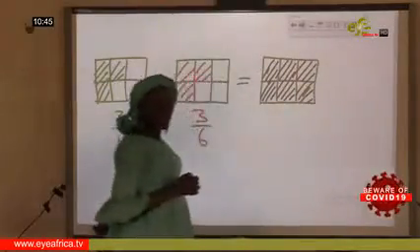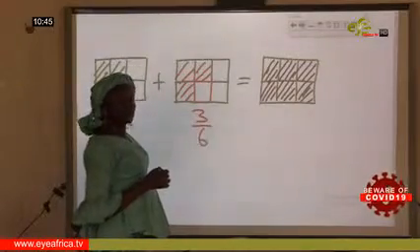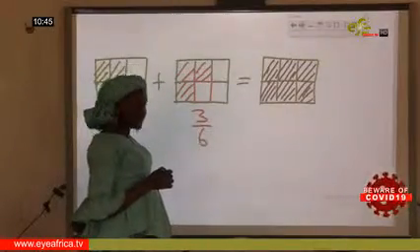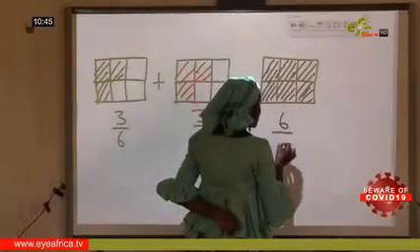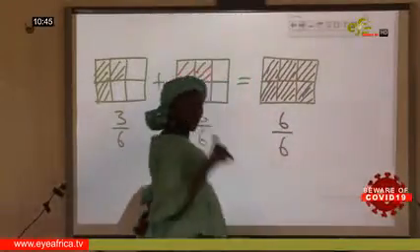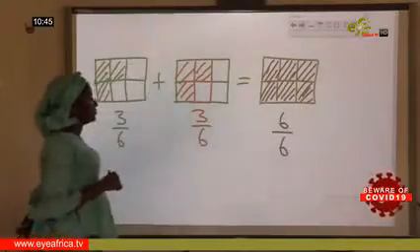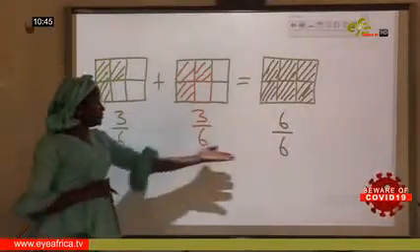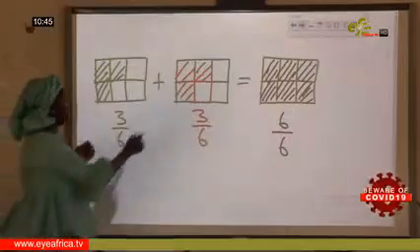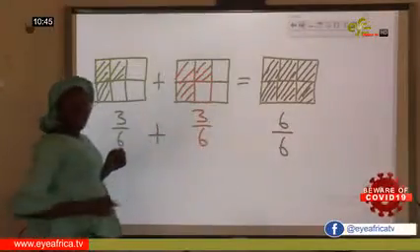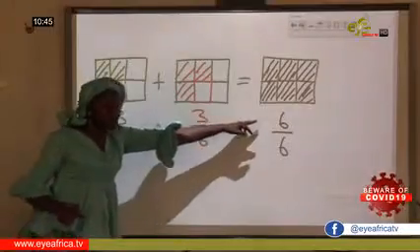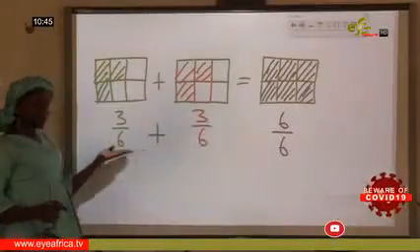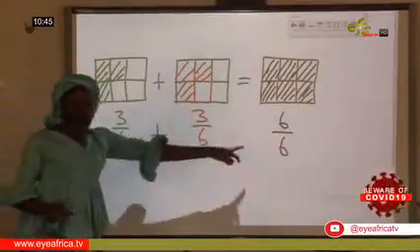Who can tell me what that is? This is a whole, 6/6, which is a whole 1. Again, the same denominators, we add the numerators, that is 3 plus 3, that is the 6 you are seeing here, and for like fractions, we maintain the denominator.